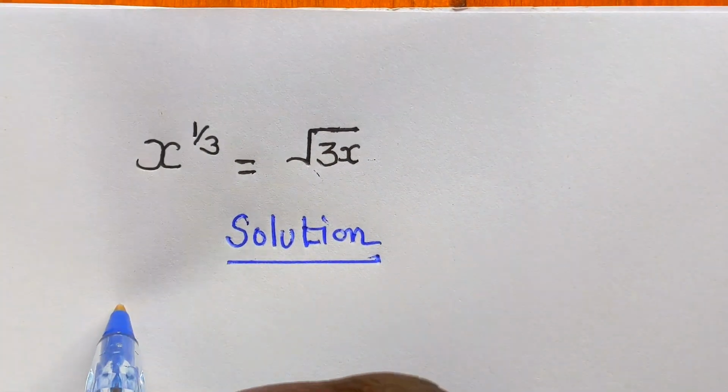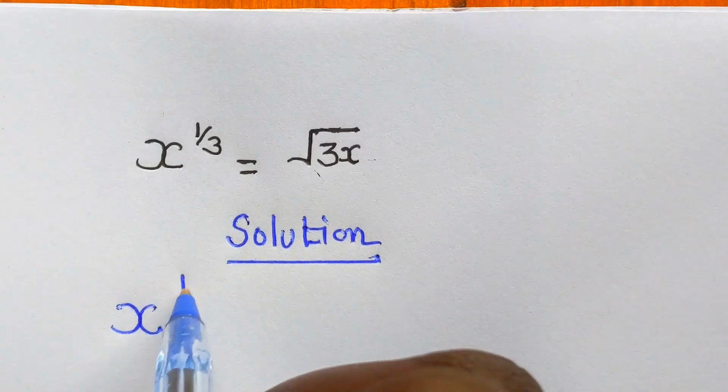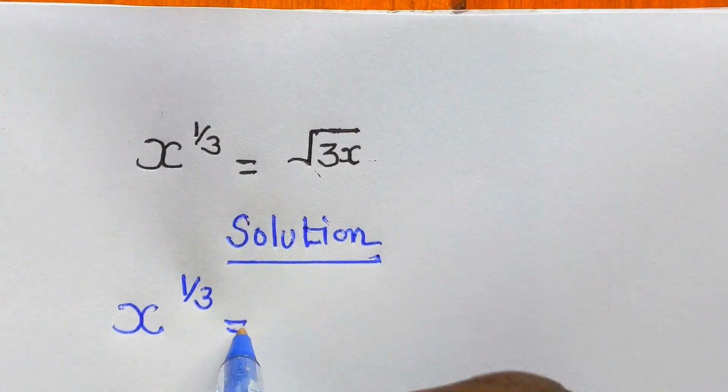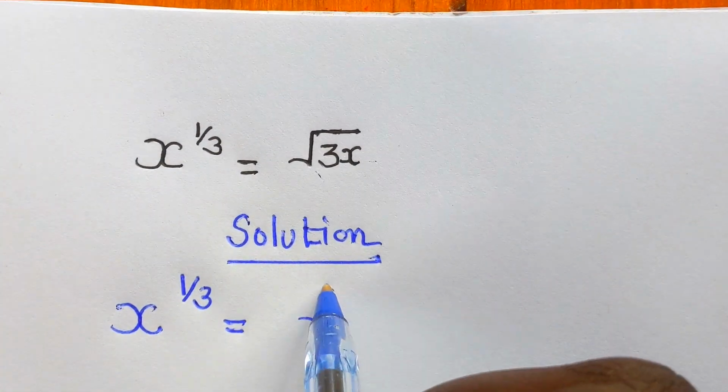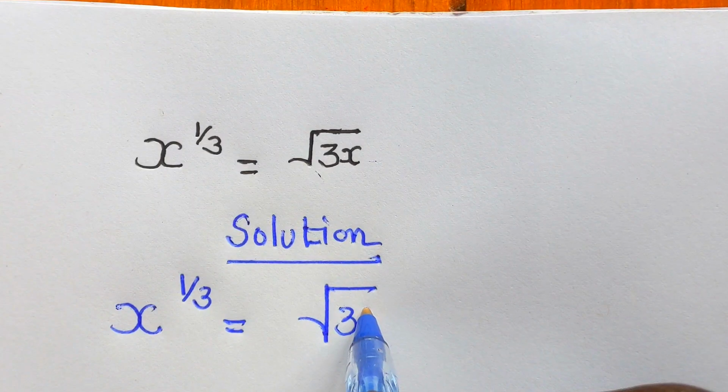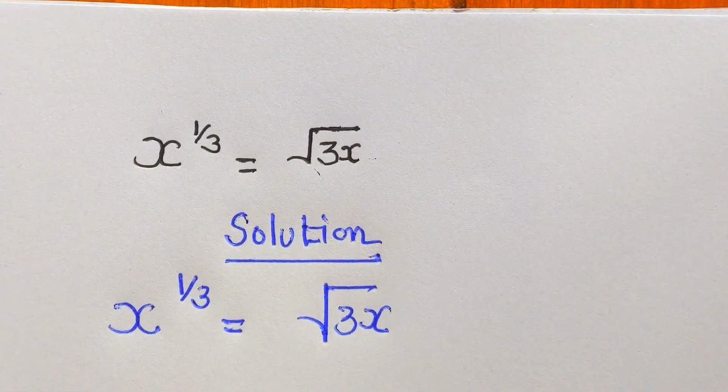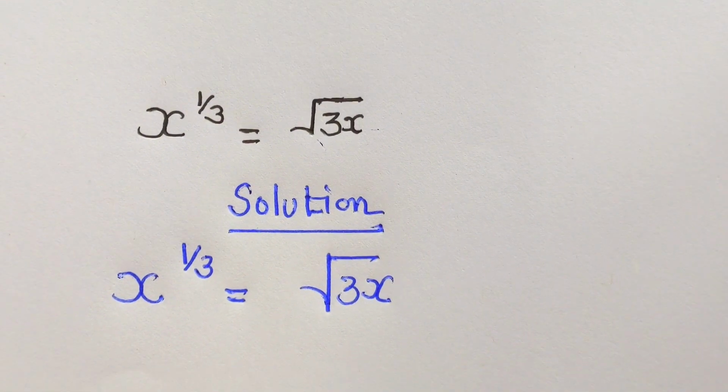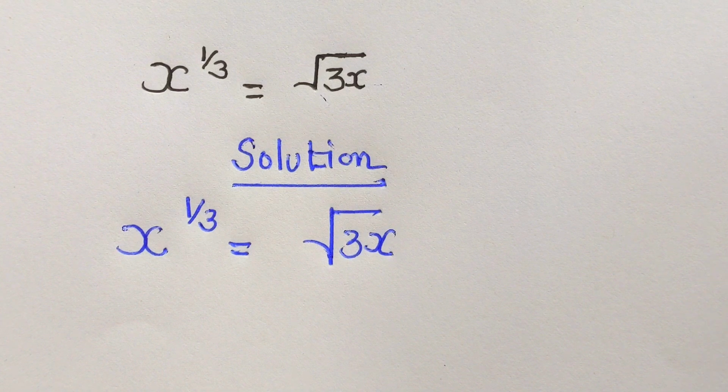Here we are given x power 1 over 3 is equal to the square root of 3x. Then what I have to do is separate what is inside this root.